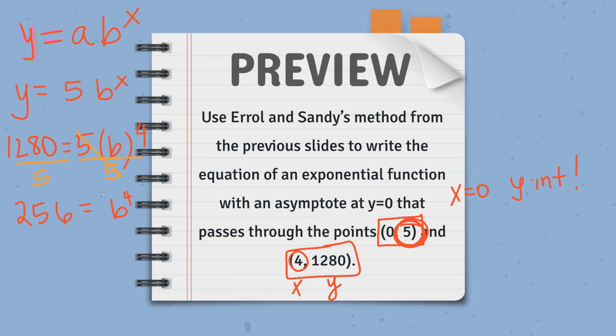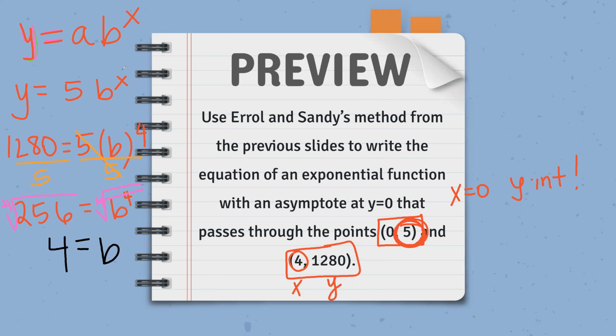Well, since it's being raised to an exponent of 4, we are going to 4th root both sides. This gets rid of the exponent, and I'm left with b. And the 4th root of 256, I put that in my calculator, and I get 4.